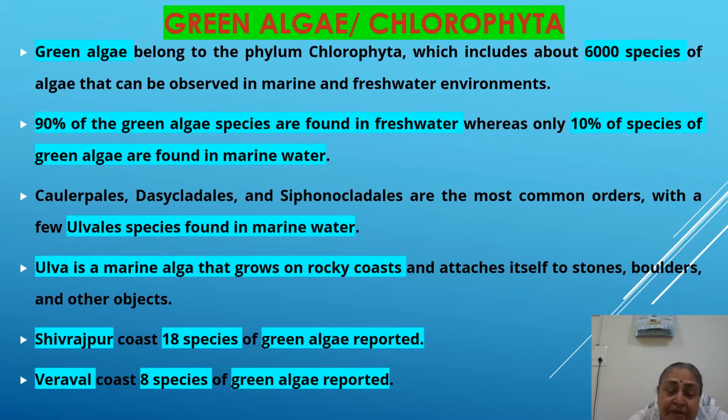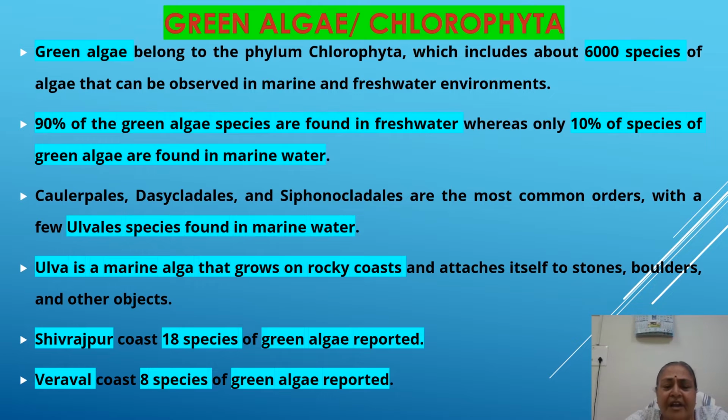Only 10% of green algae are reported in marine water. The dominant orders of green algae are Chlorophyceae, then Cladophorales and Siphonocladales are the major common orders, with a few algal species found in marine water.